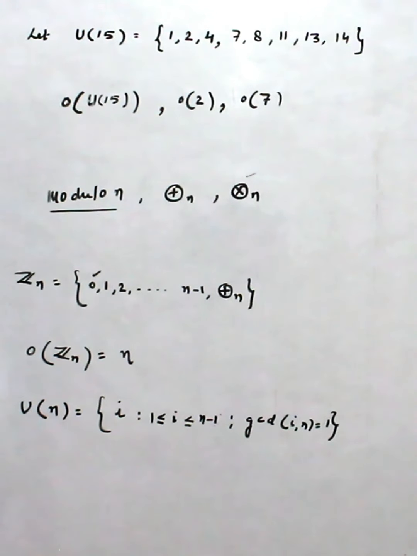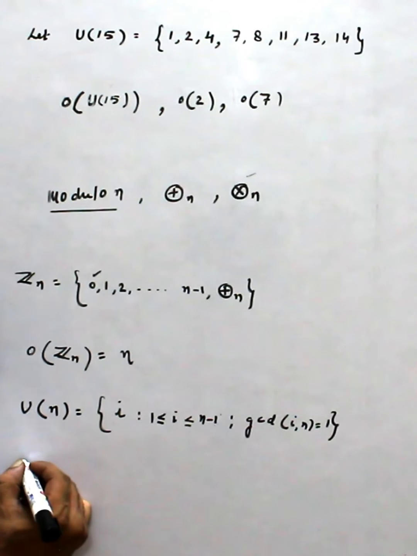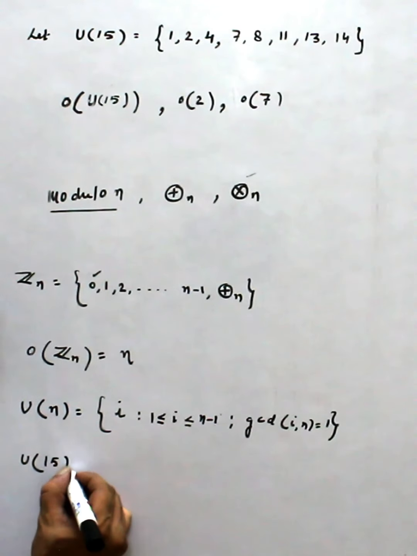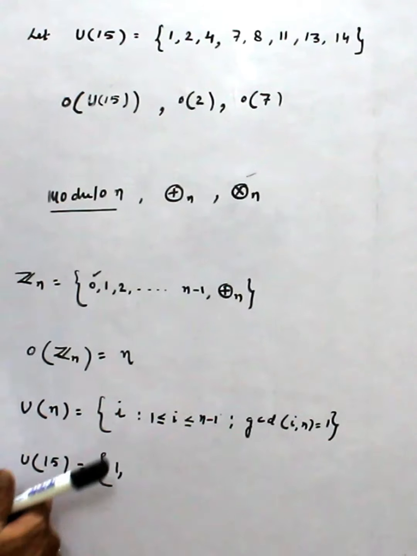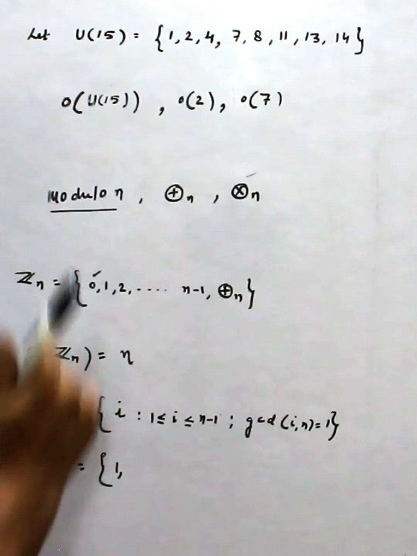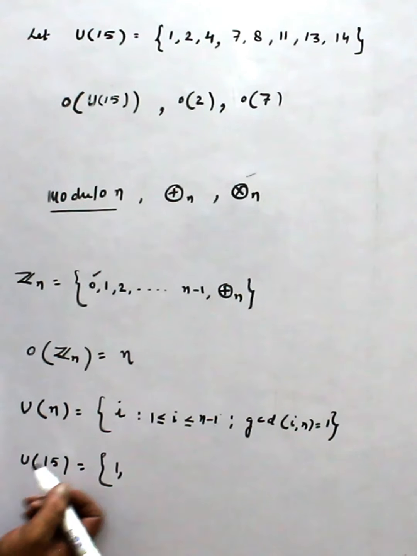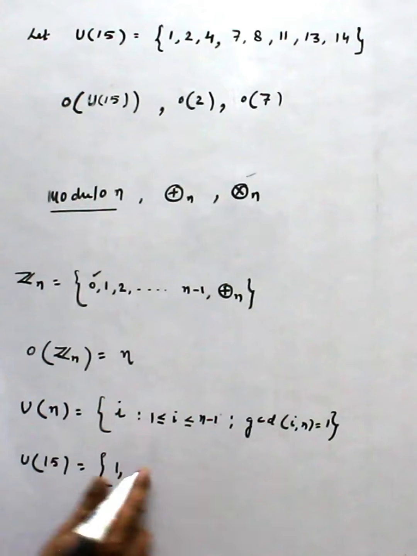So here we can see this n is replaced by 15. Then this becomes U15, and the elements we can take, because the operation is multiplication modulo, definitely we cannot consider 0 in it. So we take 1 because 1 is co-prime.